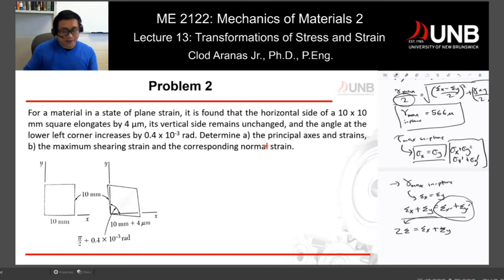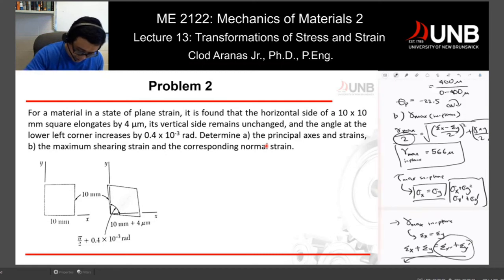So I can say that that's twice my epsilon, which means that I can now calculate. So now I can say that my normal strain is equal to epsilon x plus epsilon y.